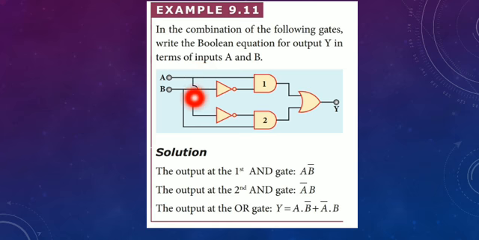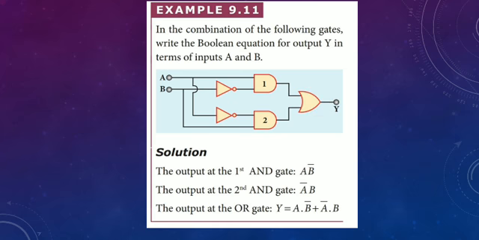For another AND gate, a input is attached to a NOT gate and b input is connected directly. So here a and b bar, but here a bar and b. Both outputs are connected to the inputs of an OR gate.